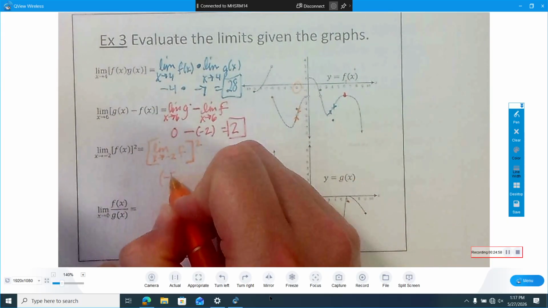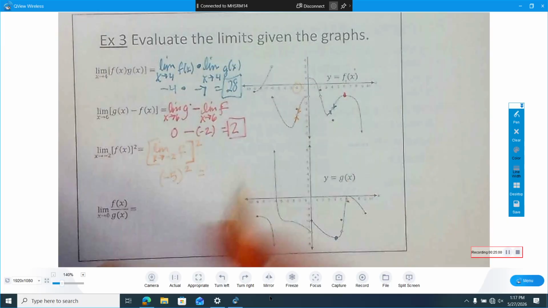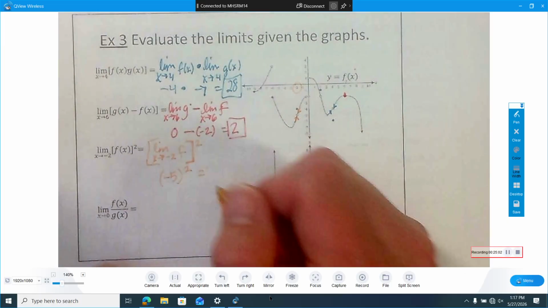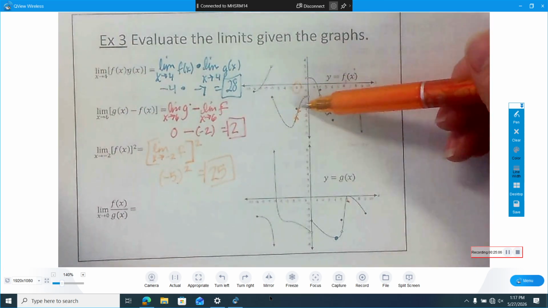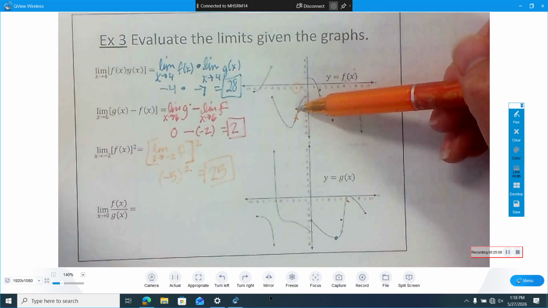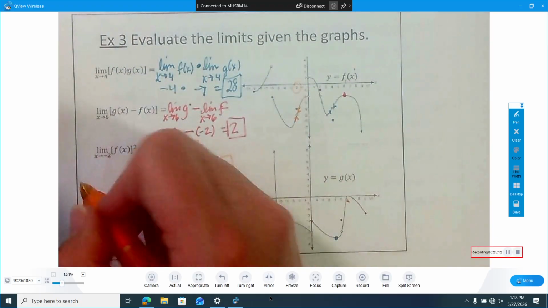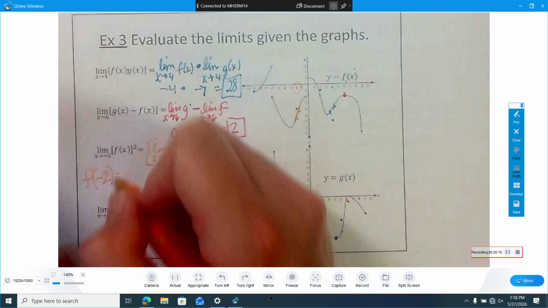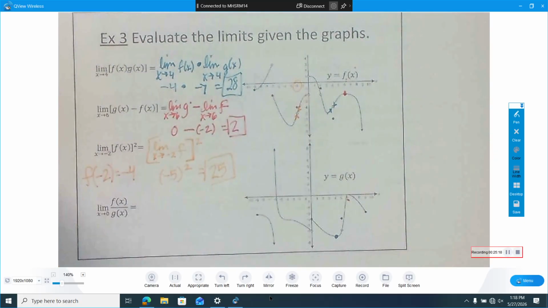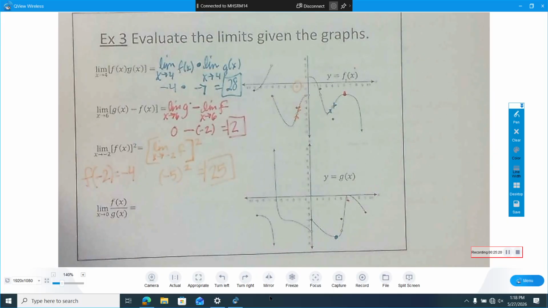So that's negative 5, and we're going to square that, and what do we get? Positive 25. You'll notice I didn't use negative 4. Why not? So it's the difference between f at negative 2. Yeah, f at negative 2 is 4, but the limit is about the y values nearby. Not exactly at negative 2, but the y value is infinitely close to negative 2.